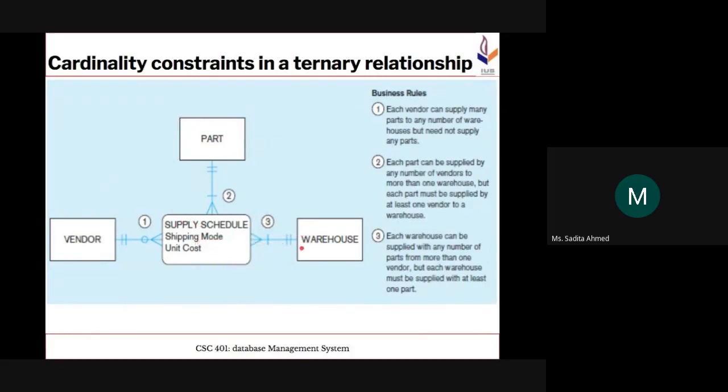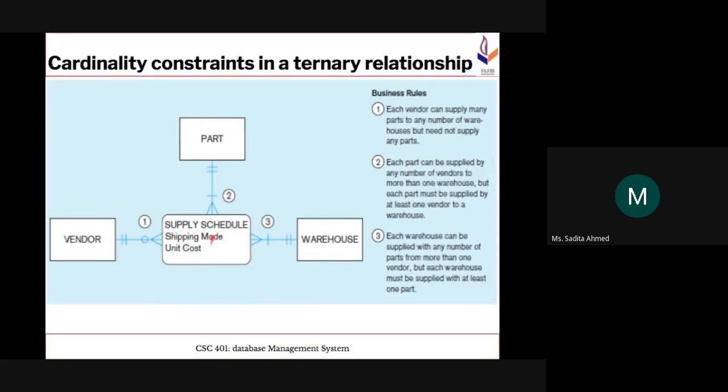Same here. A warehouse. The fact that each warehouse must be supplied with at least one part. This is clearer here. With at least one part. That is, a warehouse instance cannot exist if there isn't at least one occurrence in the supply schedule table.